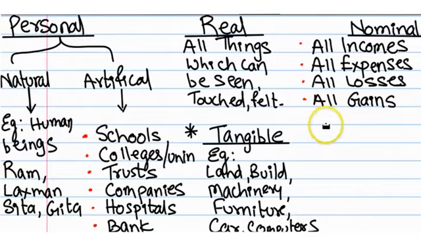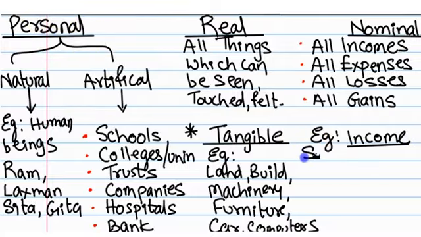Now to elaborate on this, examples of income. If I want to give you an example of income, it is sales. Whenever you sell goods, you earn income.